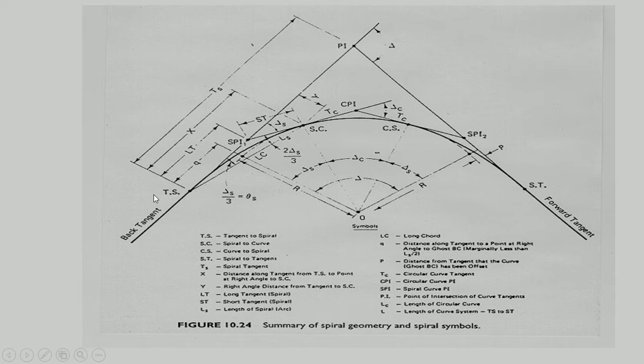So the first one is from TS to SC, which is the length of the transition curve. And from SC to CS is the horizontal curve's length within the transition curve.